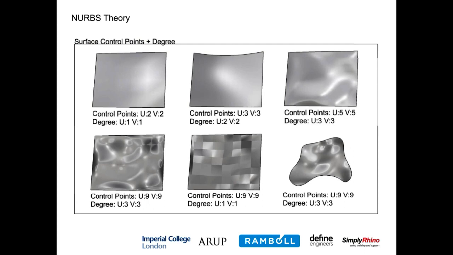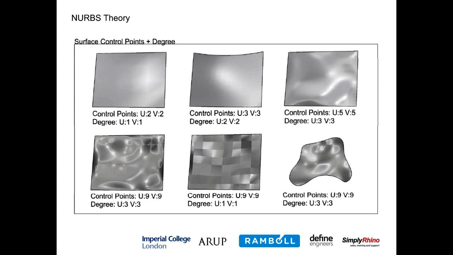And that works for surfaces as well. So with surfaces, you can have control points and you can have degree values, but whereas curves only have one string of control points, which controls their geometry all the way along, surfaces, as I think Laura showed you last week, have this grillage of control points.